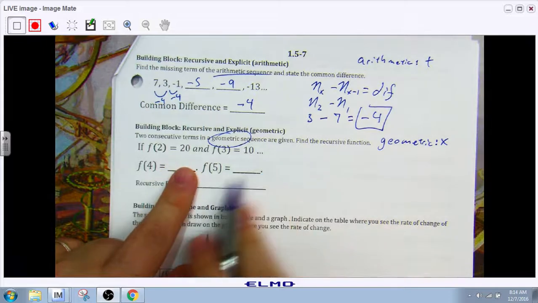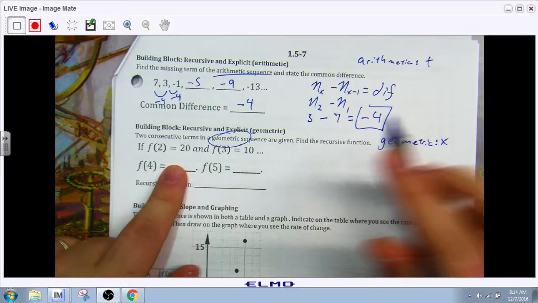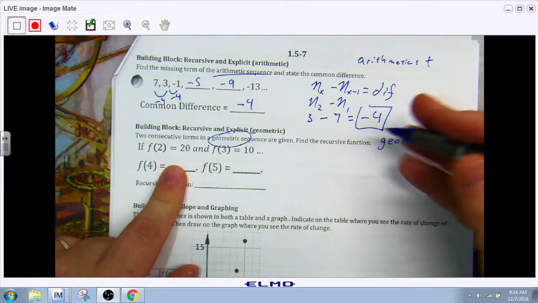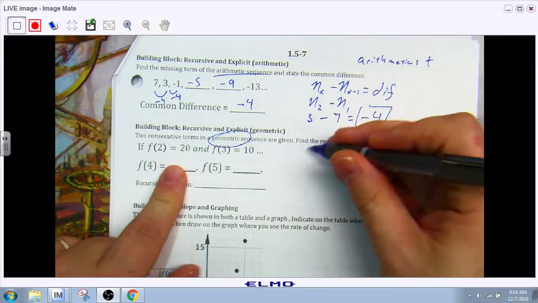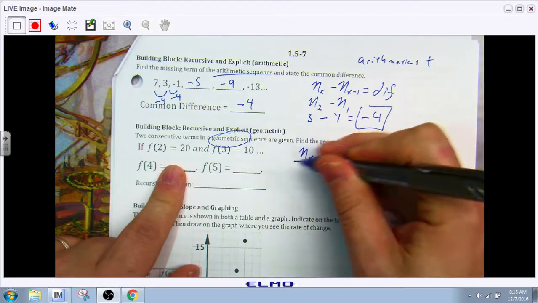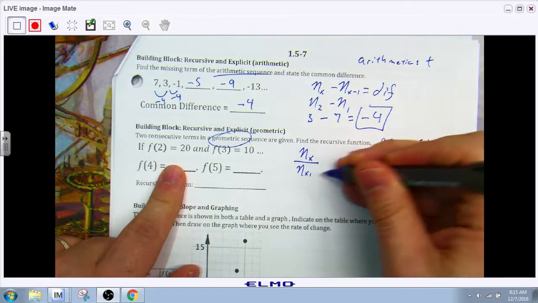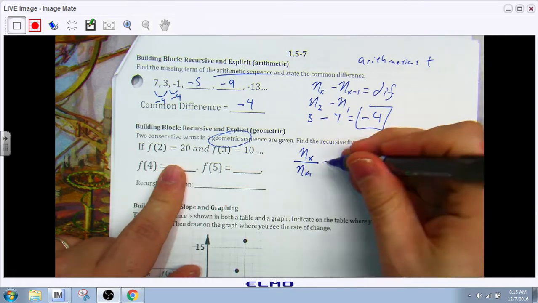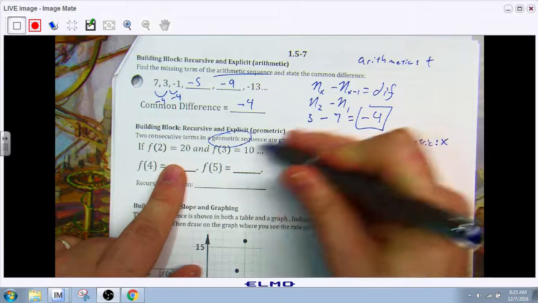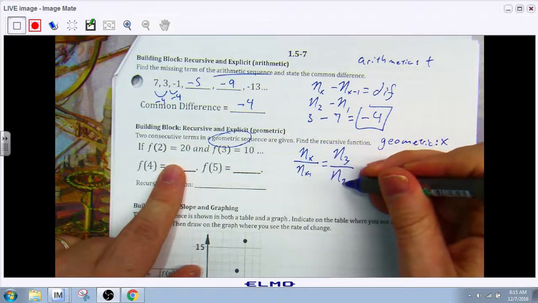If I did not see that that was half, one of the ways I can extrapolate that is I could take any term and divide it by the previous term, x minus 1. So for example, I could take the third term, divide it by the second term.